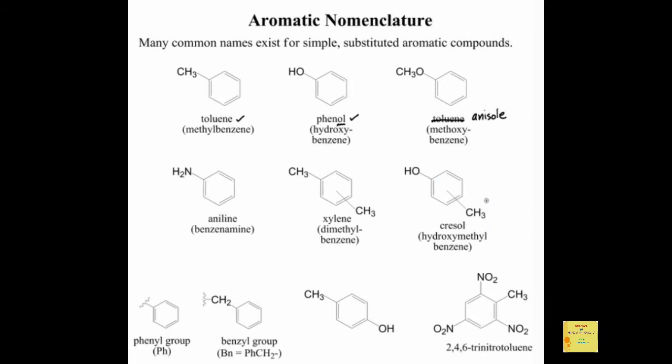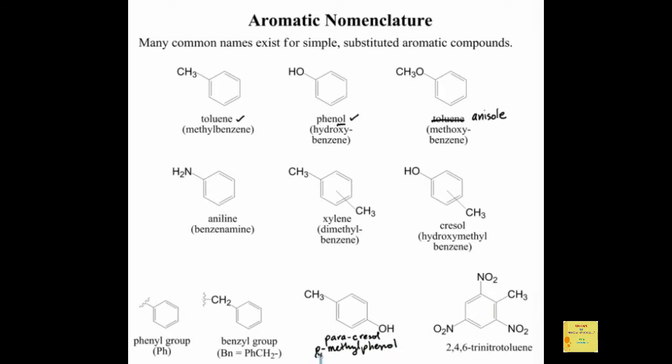So some of these very simply substituted benzene rings have common names. You're guaranteed to encounter them, so being familiar with them is really going to pay off. So for example, this one has a methyl and an OH, and they're para to each other, so this molecule can be called paracresol, or it could be called paramethylphenol, right?